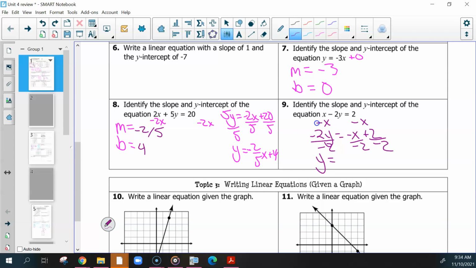When you divide, this would be +1/2 x and then -1. So what would your slope of that be? 1/2. And the y-intercept? -1.